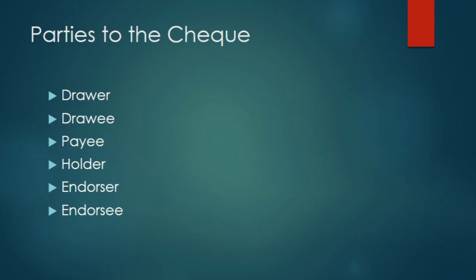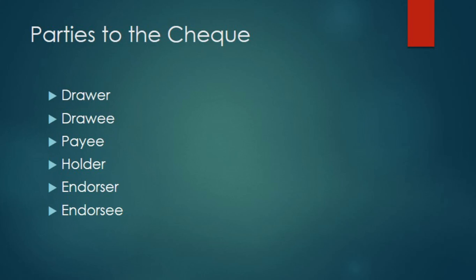Fifth, endorser. The payee or holder of a check who endorses the same to another person is the endorser of the check. Sixth is the endorsee. The endorsee is the person to whom a check has been endorsed over by the endorser.